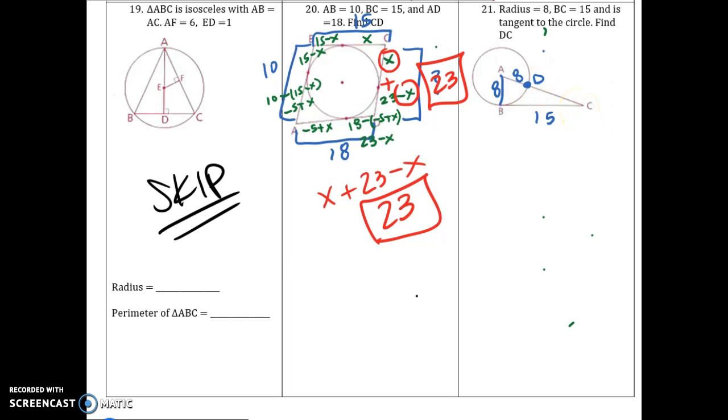So let's go through a Pythagorean theorem problem. So I would just find AC. If I find AC, then I can go through and do whatever I need to do.